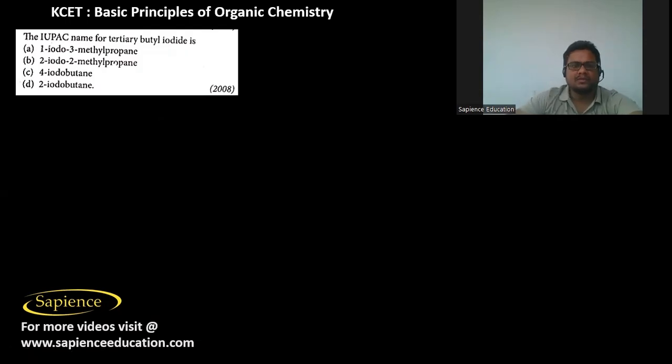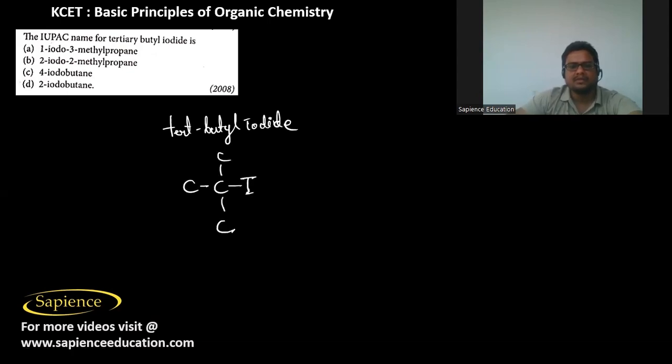Then here it is told the IUPAC name for tertiary butyl iodide is. So tertiary butyl is like this. So this is CH3, CH3, and CH3.